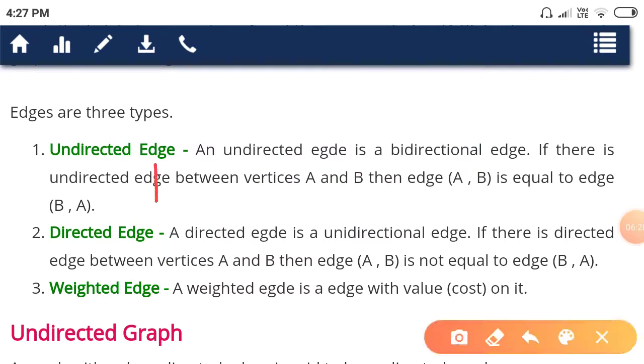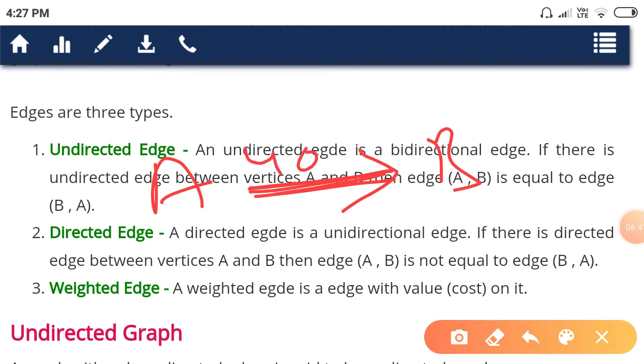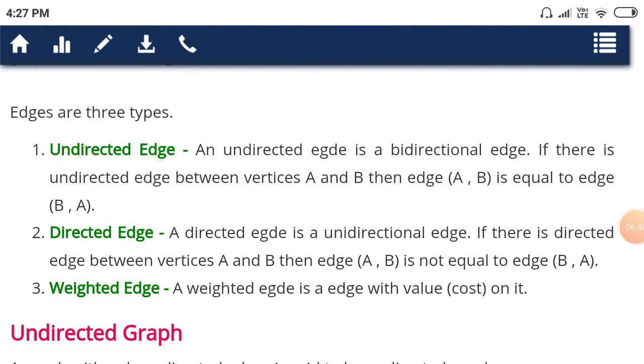Here with no direction, we call this an undirected edge. If it is marked with an arrow, we call this edge a directed edge. Suppose here you are mentioning a cost of 40, we call this edge a weighted edge. Okay, so these are the types of edges.